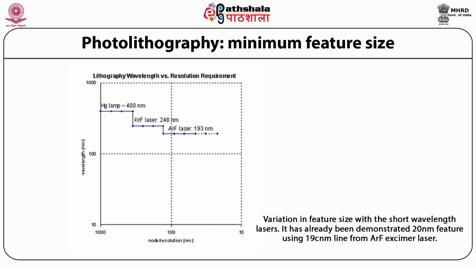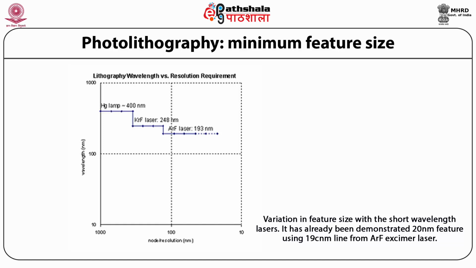Presently, photolithography has been extended to feature sizes below 50 nanometer using the 193 nanometer ArF laser. This graph shows how feature size decreases with the use of short wavelength lasers.